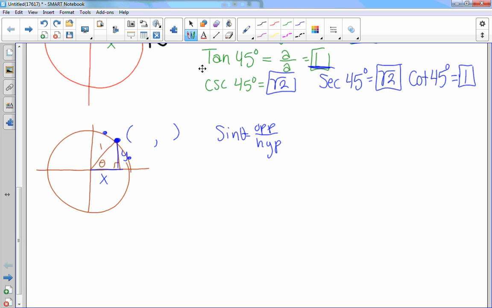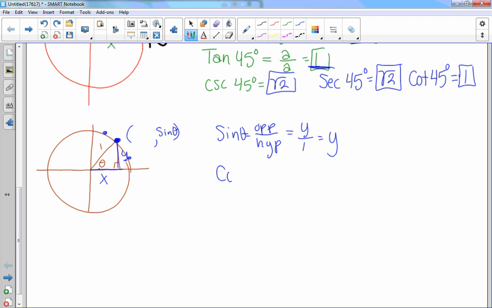If theta is in the bottom left here, what's opposite? The y. What's the hypotenuse? 1. So we have y over 1, or just y. Sine is the y coordinate of that point. All those sines on your tables represent the y coordinates of the points of a 30-degree angle or the 45-degree angle, the point on the circle where it intersects the circle.